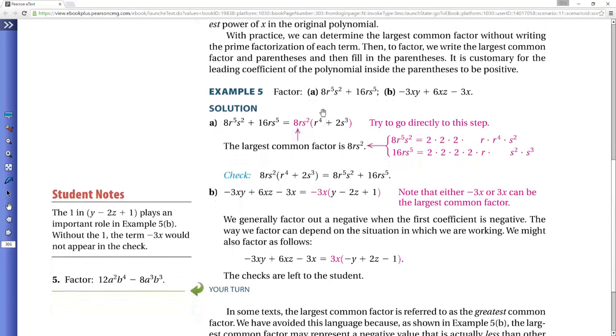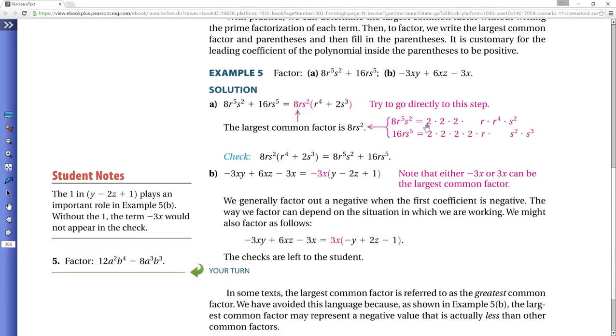Okay, now they're going to go through quite a few different examples, like these ones. We have multiple variables. We have an r and an s and an r and an s, and so on. If you use prime factorization, it really literally is exactly the same process. I prime factor 8r fifth s to the second.